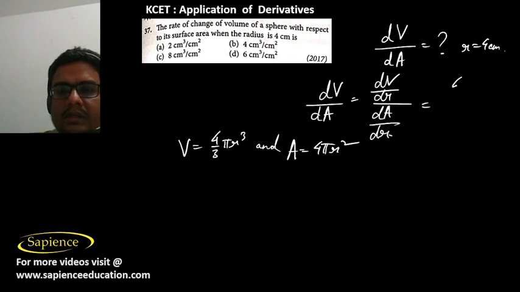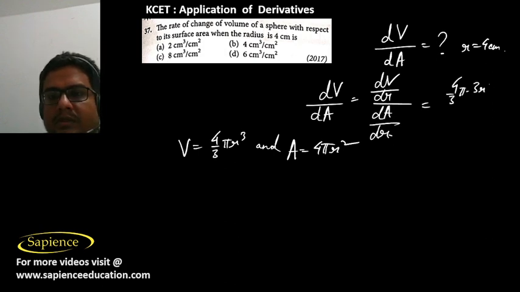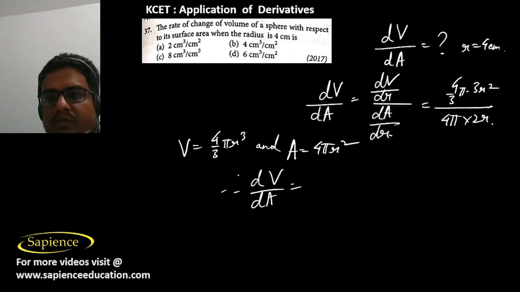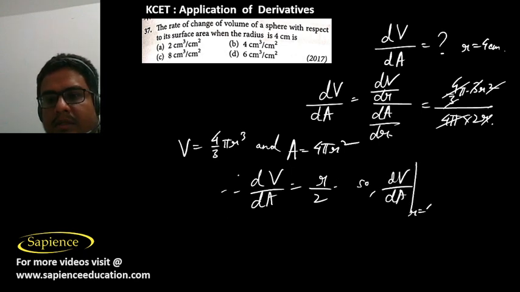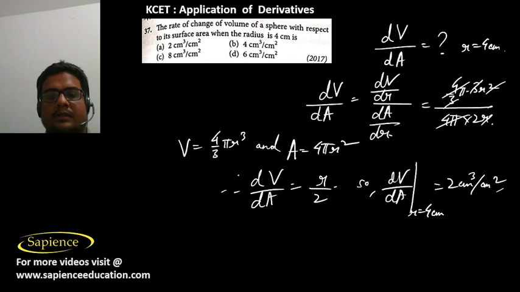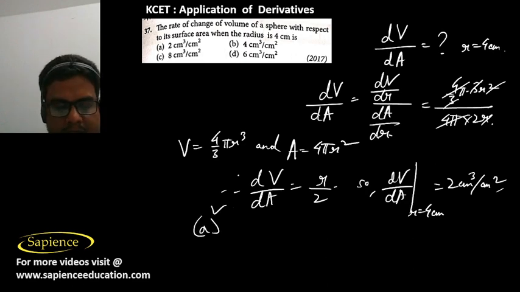Therefore dv by dr is 4 by 3 pi into 3 r square divided by dA by dr, which is 4 pi into 2 r. So therefore dv by dA is equal to, 3 will cancel, 4 by 4 pi will cancel, r and r will cancel, r by 2. dv by dA at the radius r equal to 4 centimeter is equal to 2 centimeter cube per centimeter square. So option A is the correct answer.